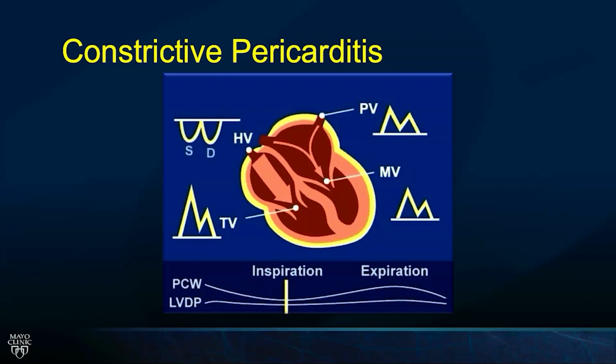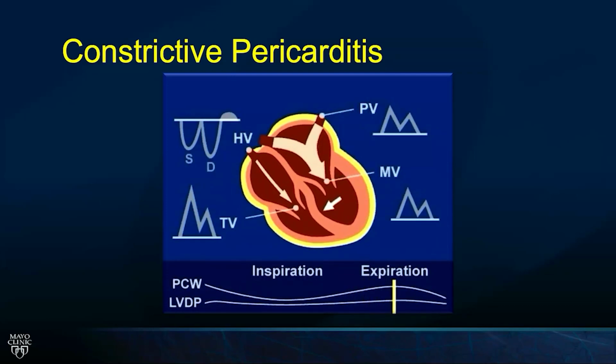When you exhale, the opposite occurs. Now you retard filling of the right side of the heart. You force blood out of the pulmonary venous system into the left ventricle. So the left ventricle is favored and the right ventricle is compromised. So tricuspid Doppler should be going up and mitral Doppler going down, and they should be moving opposite of each other in the respiratory cycle.